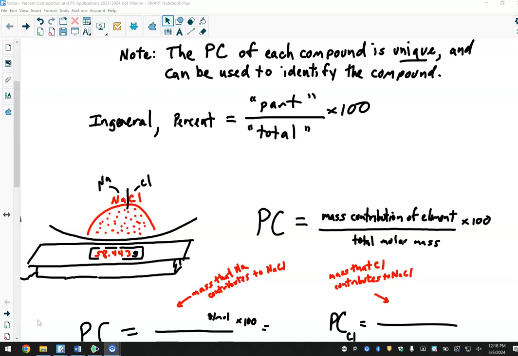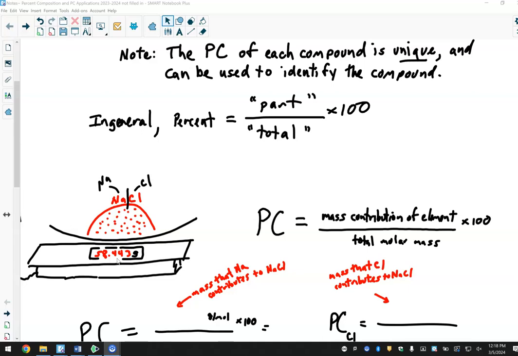And the idea behind this is let's say I had a scoop of sodium chloride and I put it on a scale and I found it's 58.443 grams. Now, those of you might remember that is a mole's worth of sodium chloride, right? And sodium chloride weighs 58.443 grams per mole. Now, it wouldn't have to be a mole's worth, okay? It could be any amount.